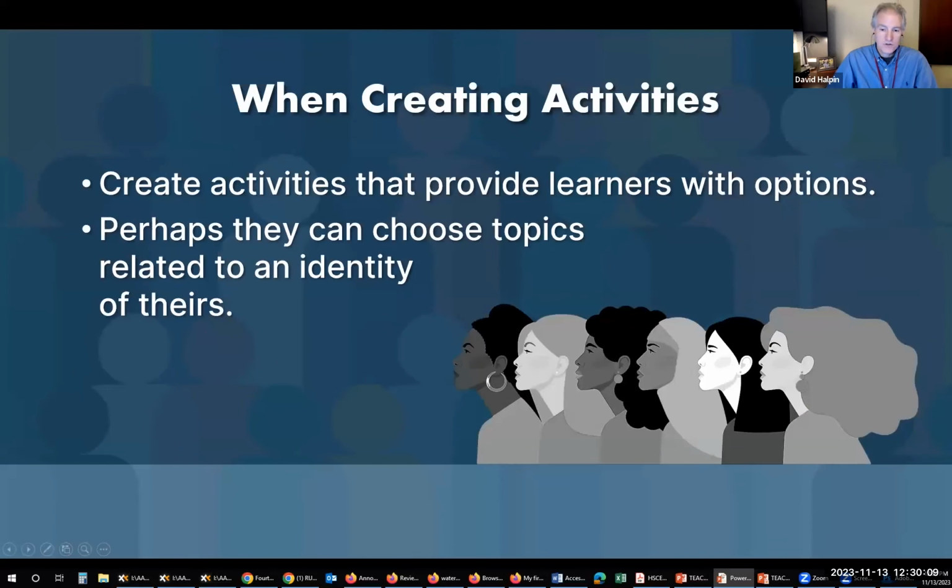So other things you can do are to create activities that provide learners with options for how they complete them. This could be, for example, having them decide on the topics they want to use for an activity, or giving them multiple ways to meet the requirements of the activity.